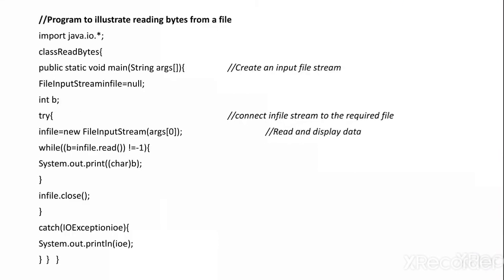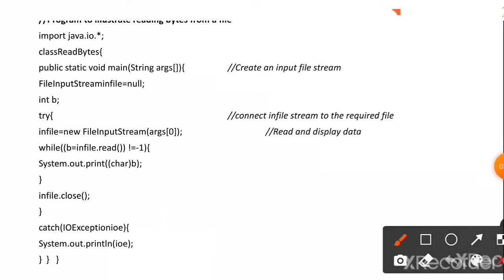Now let us see how to read bytes from the file. We have already seen how to write bytes to the file, and next we will read the content of that file. In this program I'm creating a class with the name ReadBytes. There should be a space between class and the class name, and within the class I'm declaring a main method.